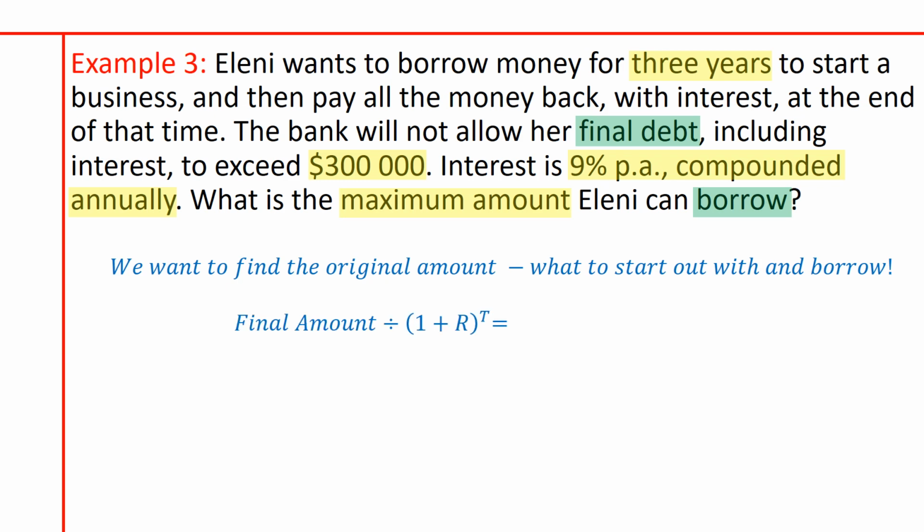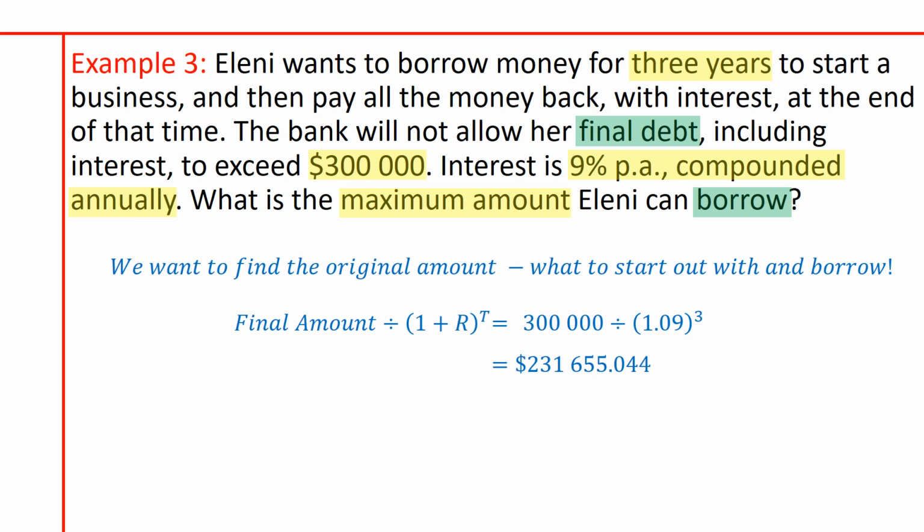So we're using the exact same formula, but instead of multiplying, we're dividing to reverse it and go back to the original amount. Subbing in those values, the final amount is 300,000, and then we're dividing by 1 plus that 9%, which goes in as a decimal, to the power of 3, as it's a 3-year term.